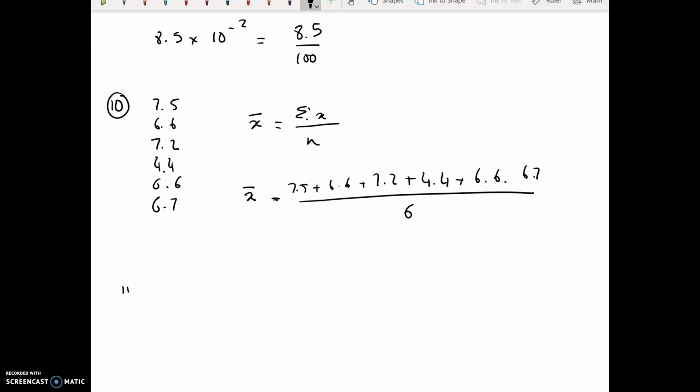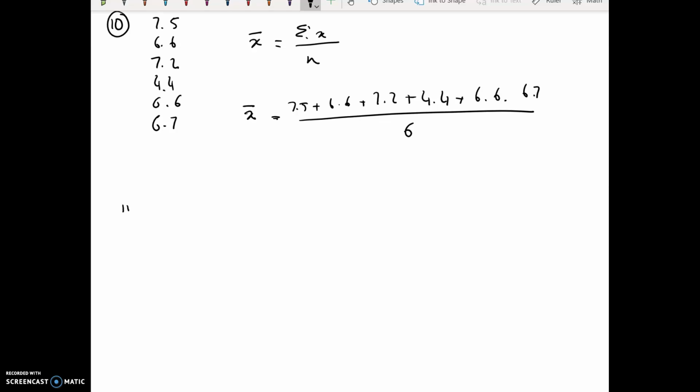All right, problem number 16. On this problem number 16, what do we have? Use the product rule to simplify the expression. So you have y to the 10 times y to the 8.